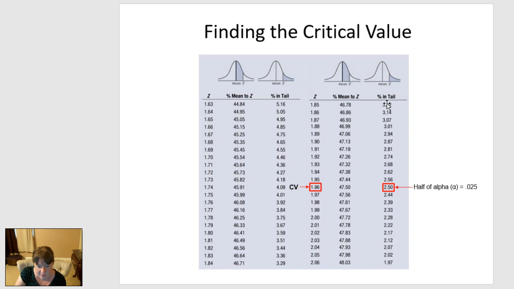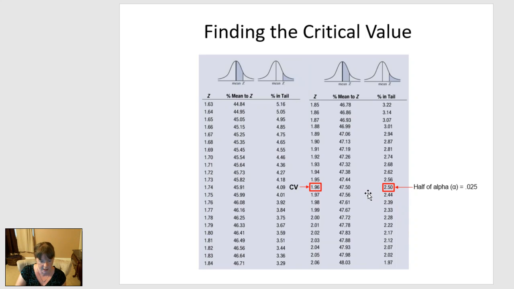So here we find the percent in tail that is 2.5%. We did this for people's scores, but now we're doing it for the infinite number of averages. A percent in tail of 2.5 corresponds to an alpha of 0.025, because to turn a percentage into a proportion, it's 0.025.